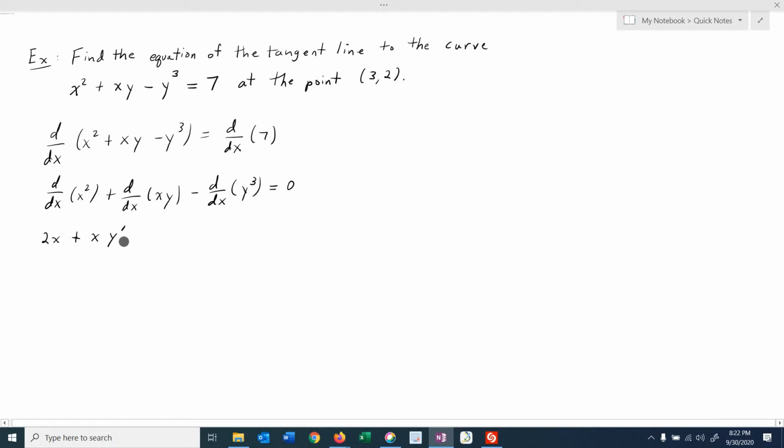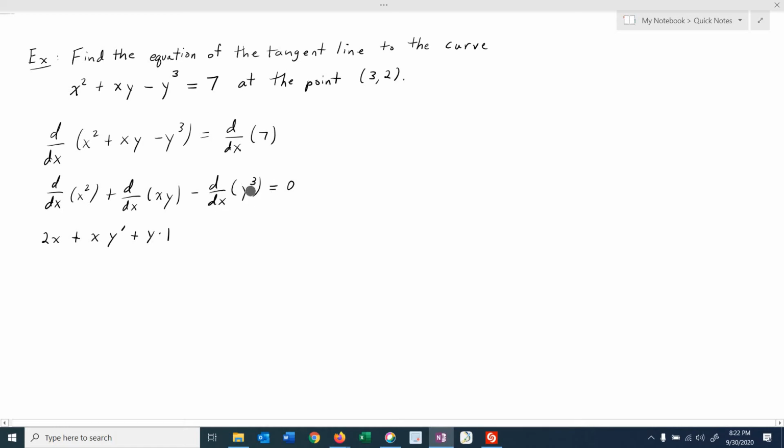Remember, that's another way of denoting the derivative. So the first times the derivative of the second, plus the second, which is y, times the derivative of the first with respect to x. The derivative of x with respect to x is just 1. Now we've got to find this last derivative.